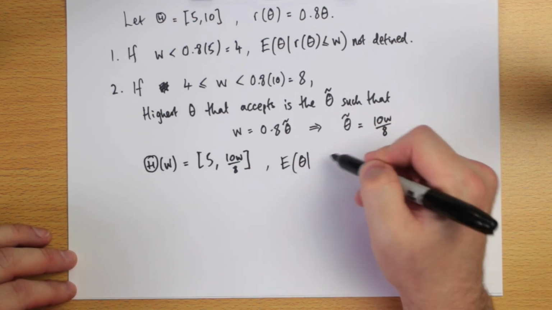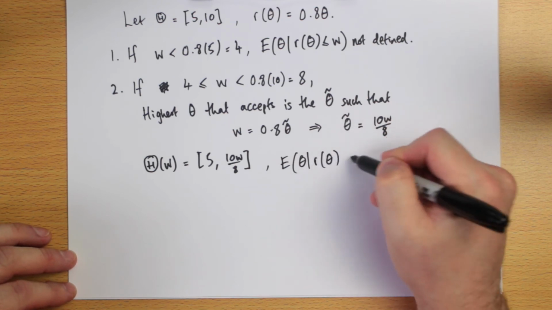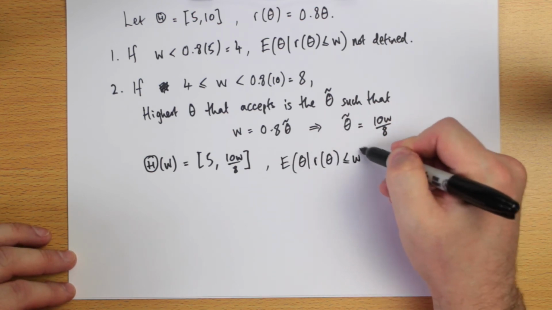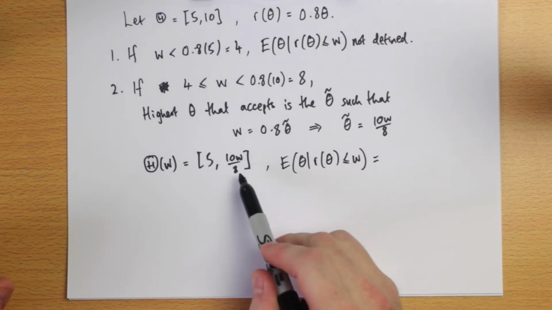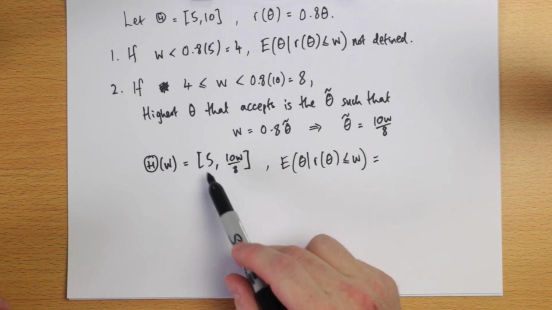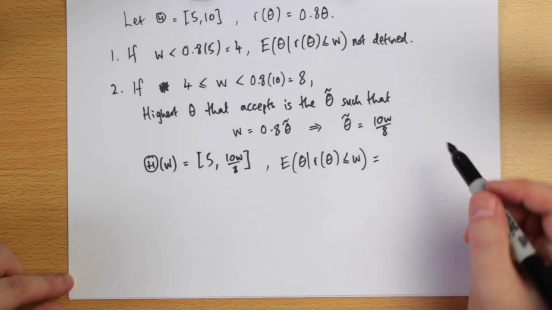I can calculate the expected revenue, expected productivity, conditional on the assumption that these guys come to work. And these are uniformly distributed. I've updated my interval, so with probability 1, this is the interval.